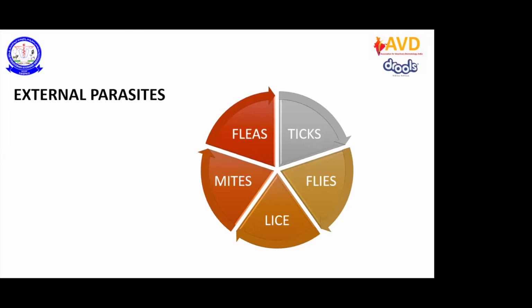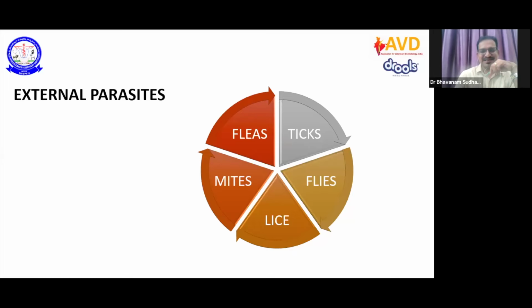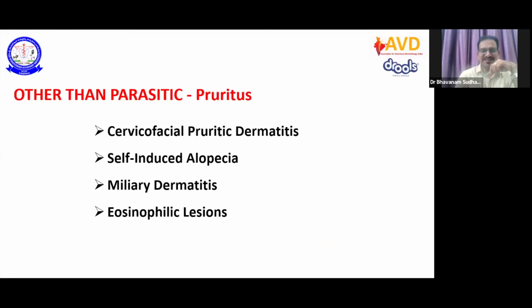When we suspect parasites, we sometimes see similar clinical signs in other conditions, including cervicofacial pruritic dermatitis, and self-induced alopecia because of the continuous, psychogenic licking nature of cats. Next is miliary dermatitis, most commonly seen at the bridge of the nose or the forehead region, and eosinophilic lesions, which might be a granuloma type or infiltration of eosinophils. These are the common diseases where we need differential diagnosis against parasitic infection.